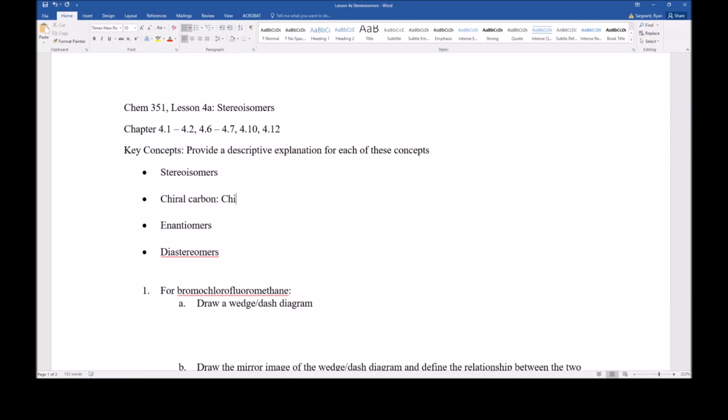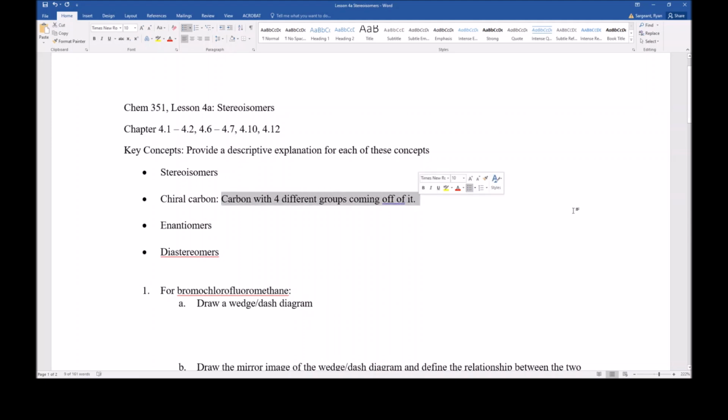So a chiral carbon is a carbon with 4 different things. Now, it could be lone pairs in some weird examples, but for the most part, these will be atoms, or we should say groups, coming off of it. Now, this is not a very technical definition, but this is essentially a working definition.